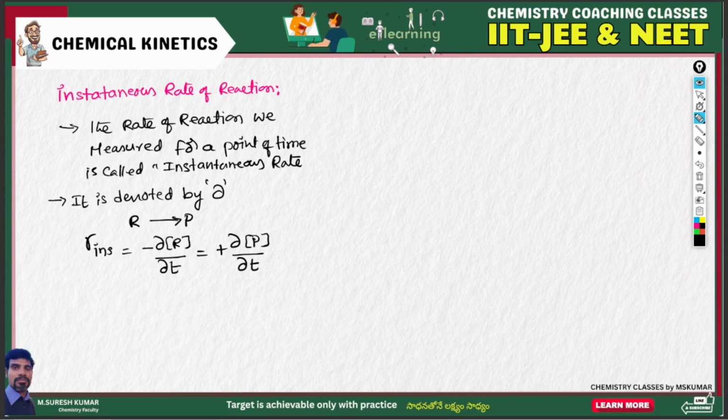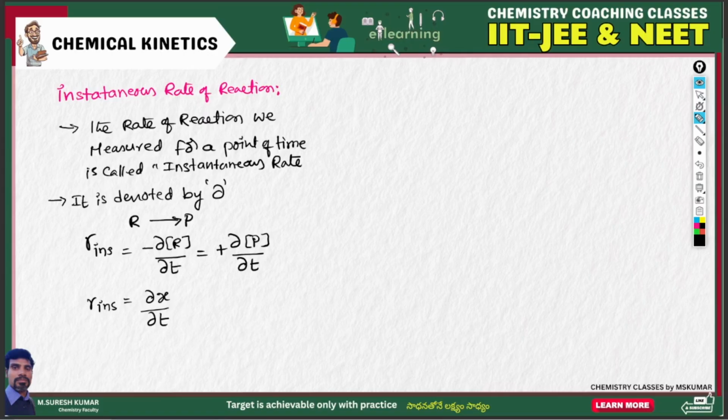This is the rate expression for instantaneous reaction, or simply R_ins is equal to dou x by dou t, the general way of representation. Okay?